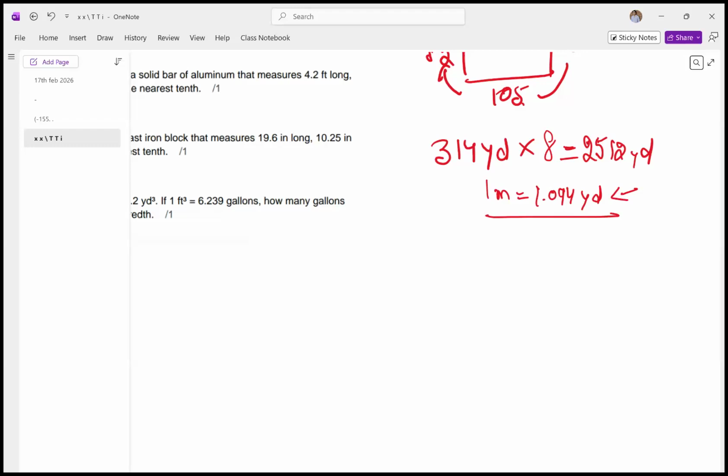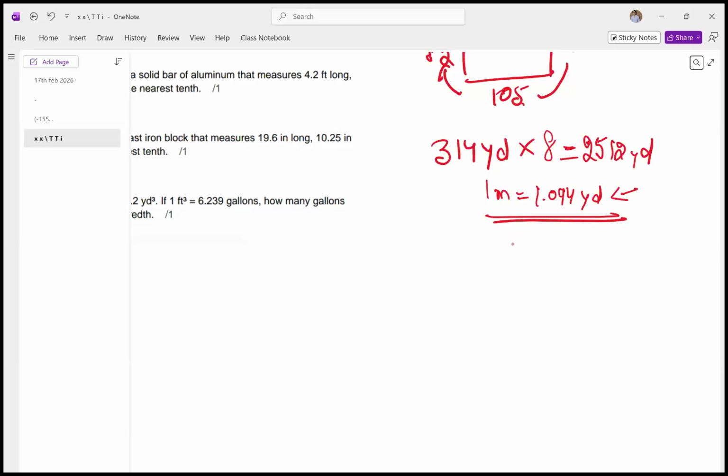Otherwise, you have to do a lot of other conversion, convert the yards into feet, feet into inches, inches into centimeter, then back to meters, and from meters to kilometers. So I'm giving you the direct conversion here.